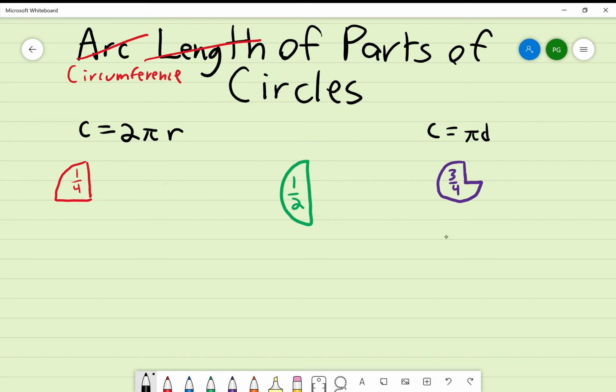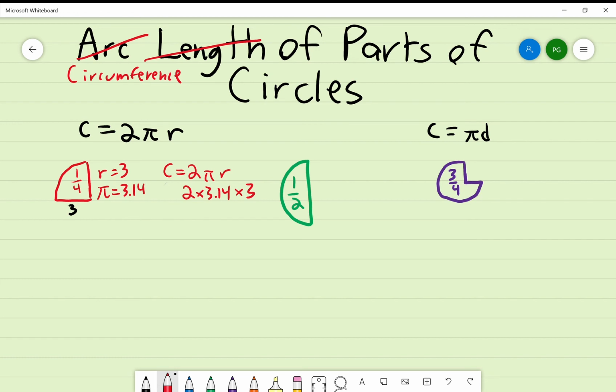So let's say I tell you this measurement is 3. This right here is the radius of a whole circle, right? You have to pretend that the whole circle is there. So radius equals 3, pi equals 3.14, so circumference equals 2 times pi times r, which is 2 times 3.14 times the radius, which is 3.